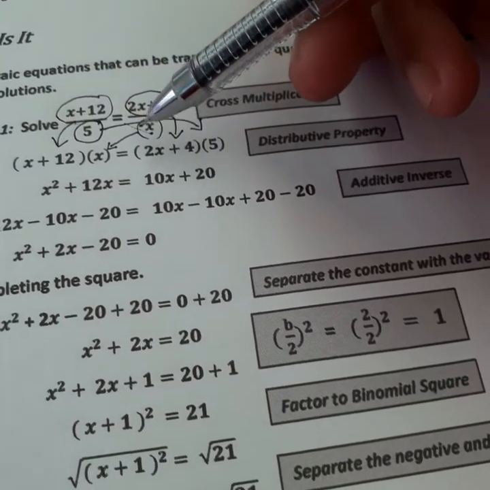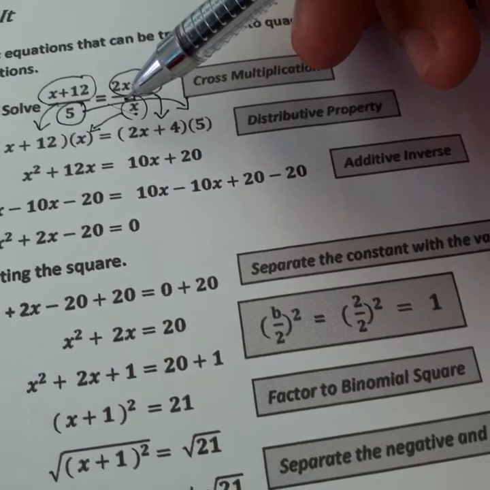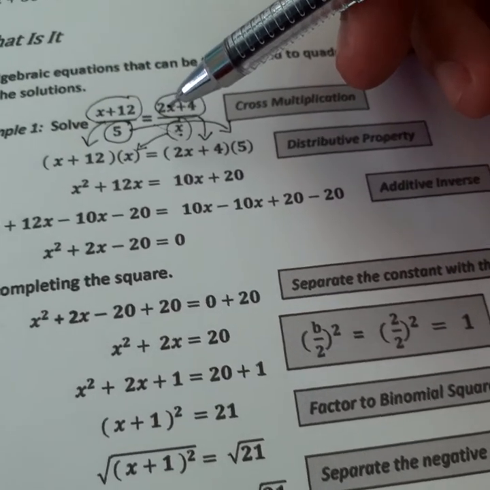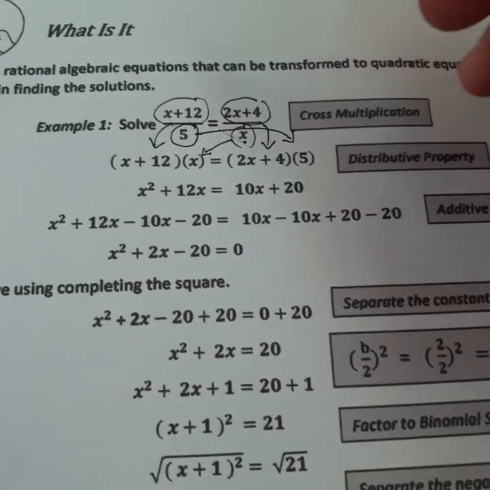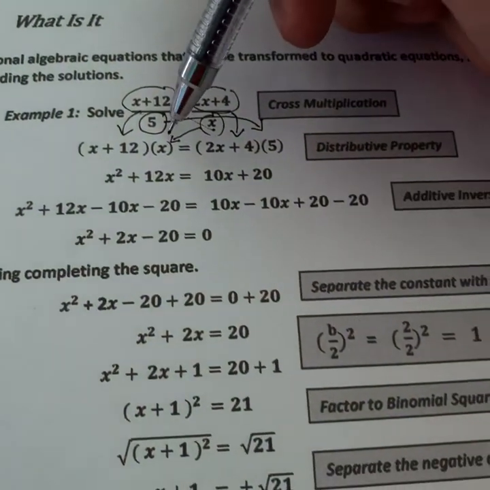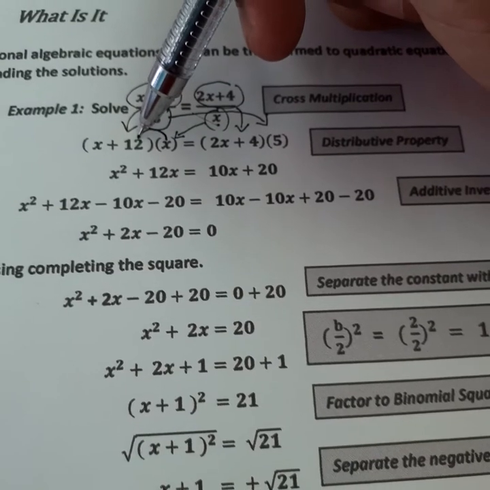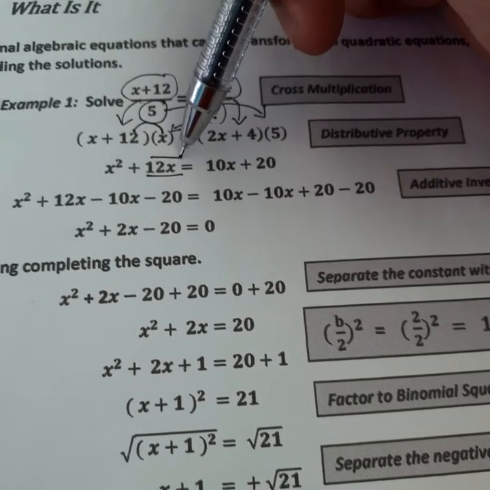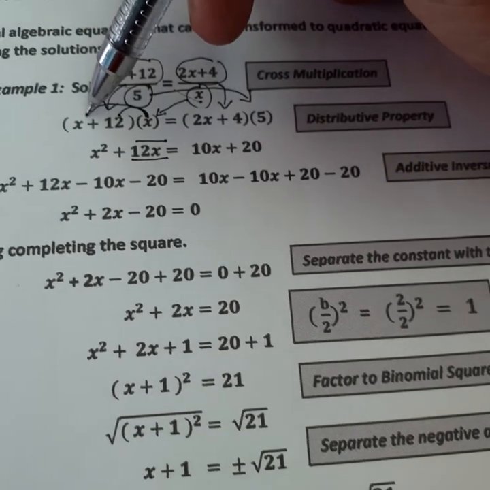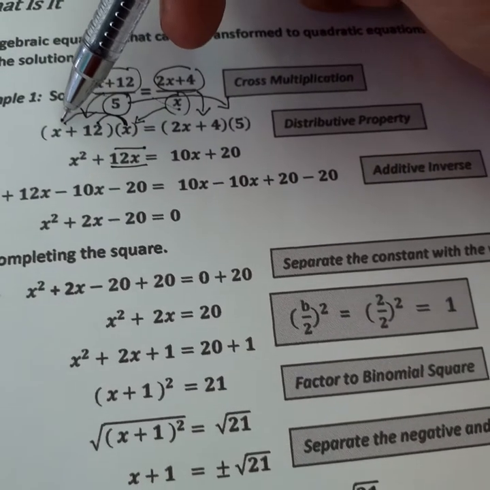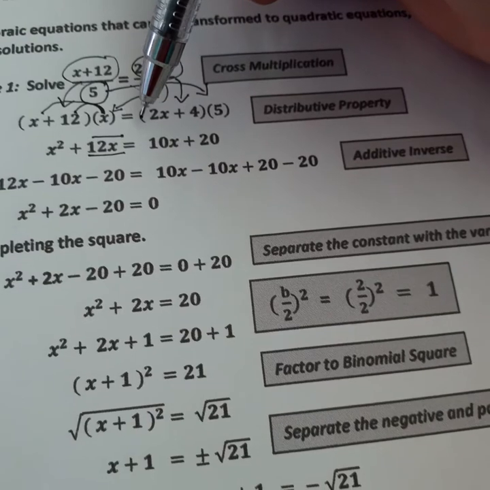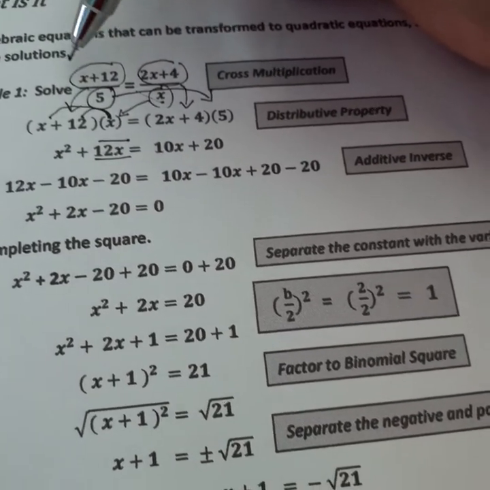Okay, next step is distribute. How to distribute? What is outside, distribute to what is inside. So, first step is x times 12. So, we have 12x. Next, x times x is x squared. Since the power of 1, if you multiply that, 1 plus 1 is 2.